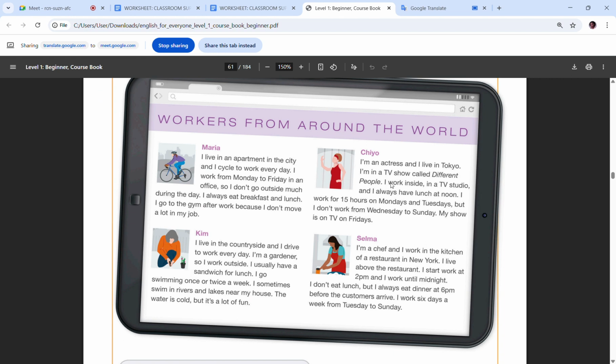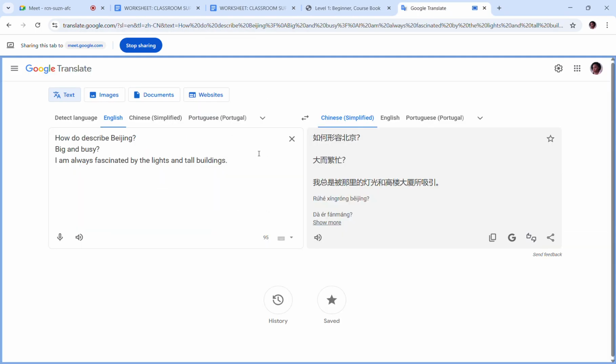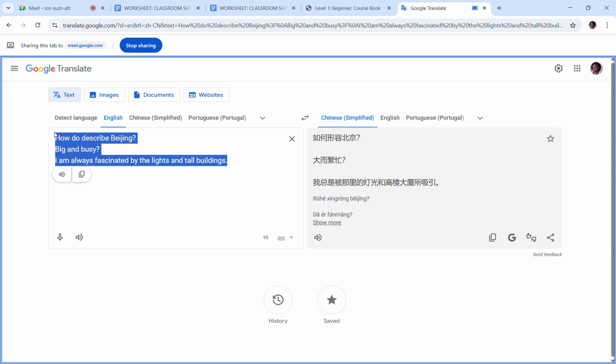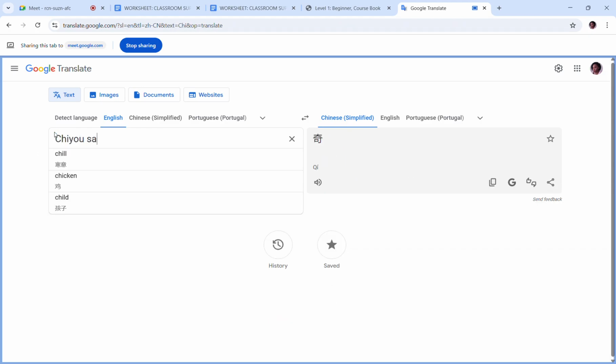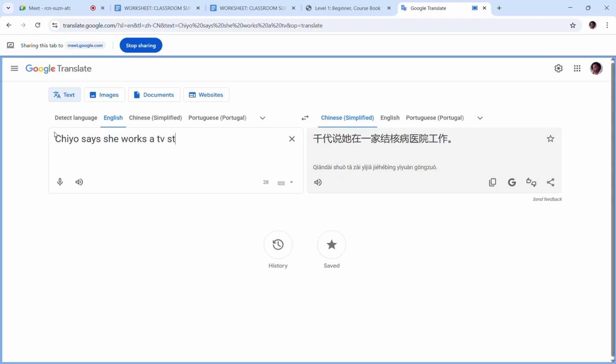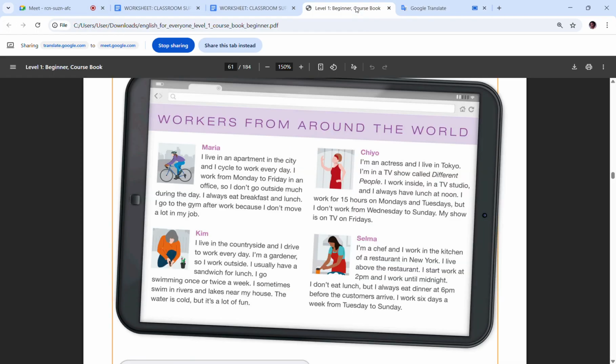So Chio says she works in a TV studio, right? So they make movies, and she's an actress.